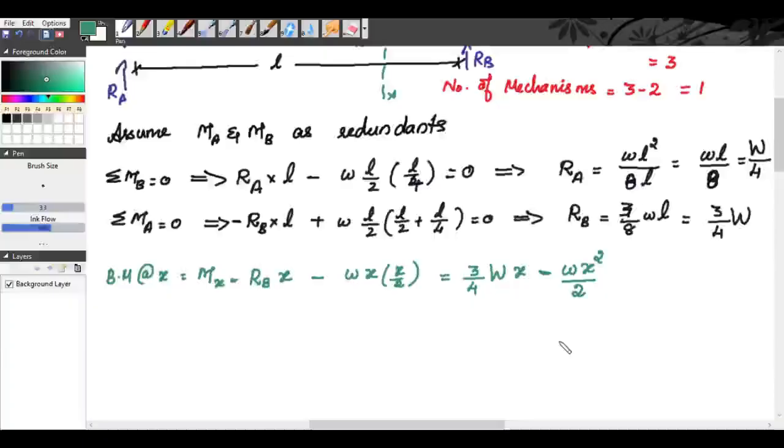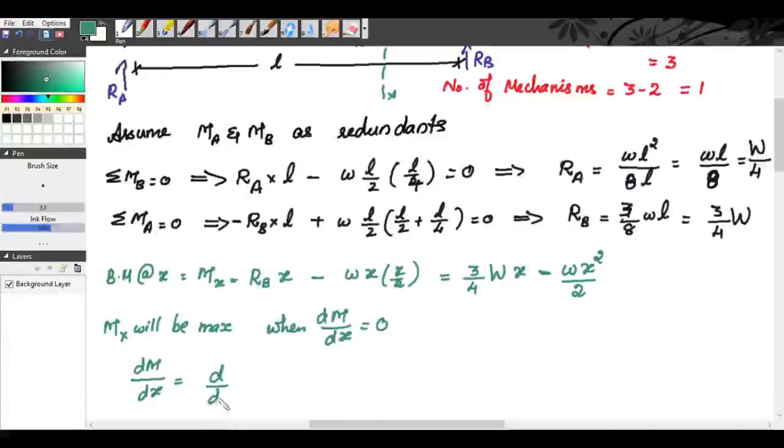Now, when will we have maximum bending moment? Mx will be maximum when dM by dx is equal to 0. So now we will differentiate this with respect to x. So dM by dx is equal to d by dx of 3 by 4 wx minus wx square by 2 is equal to 0.